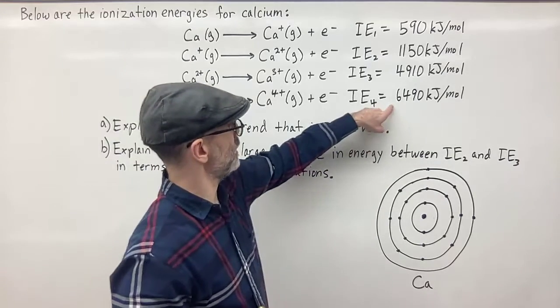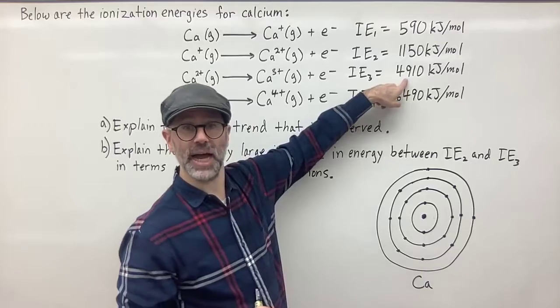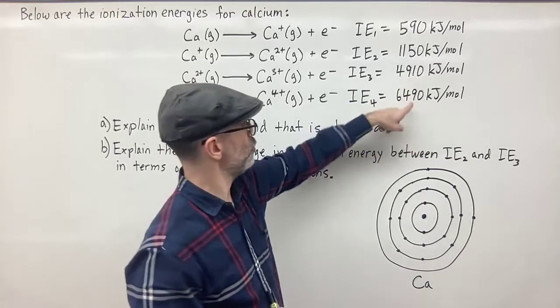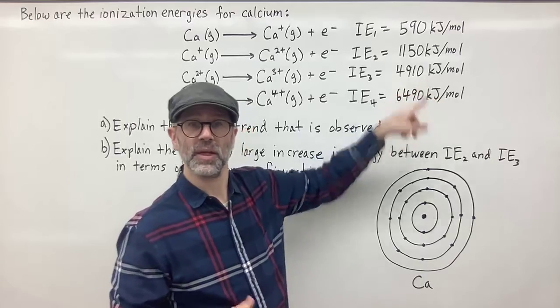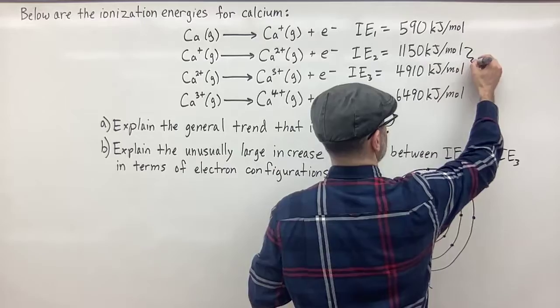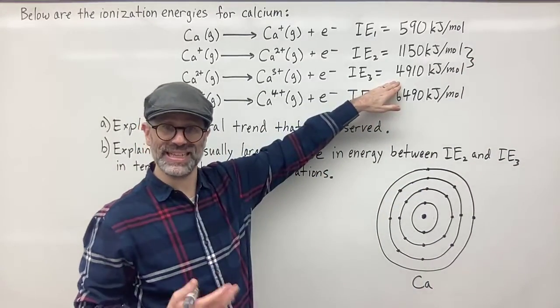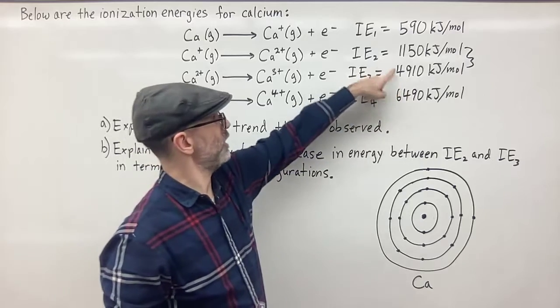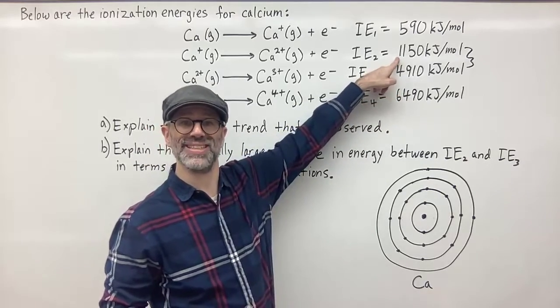So you might see it takes about one and a half times the energy to remove the fourth electron compared to the third. But now look at this here. Look at the increase in the amount of energy needed to remove the third electron compared to the second.